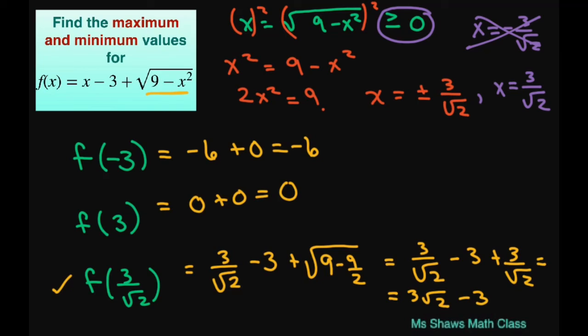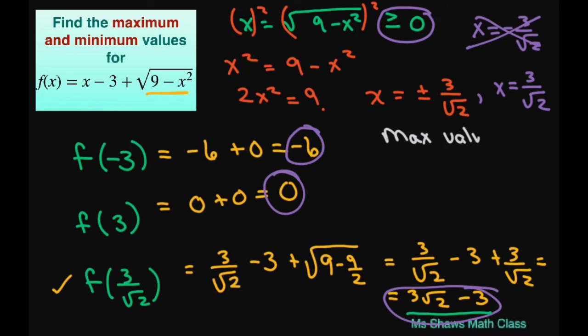So here are the values we're looking at: negative 6, 0, and this one. Your maximum value is this one, because that's the biggest number. So let's write this as your maximum value is 3 square root of 2 minus 3, and that's at x equals 3 divided by square root of 2.